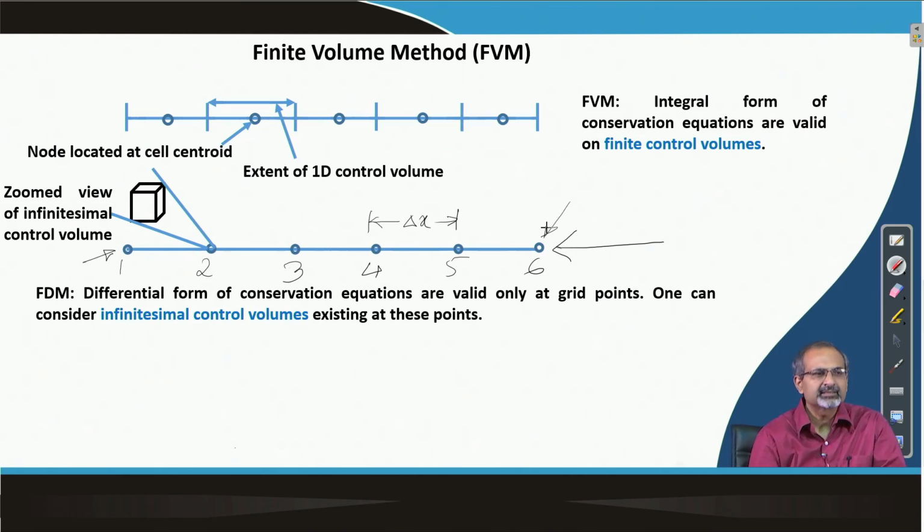And then the next thing we bother about is how to generate approximate expressions for the derivatives which figure in the governing equation. So, we have broadly understood the steps in a finite difference method. Just to recall, the whole process started with grid generation.